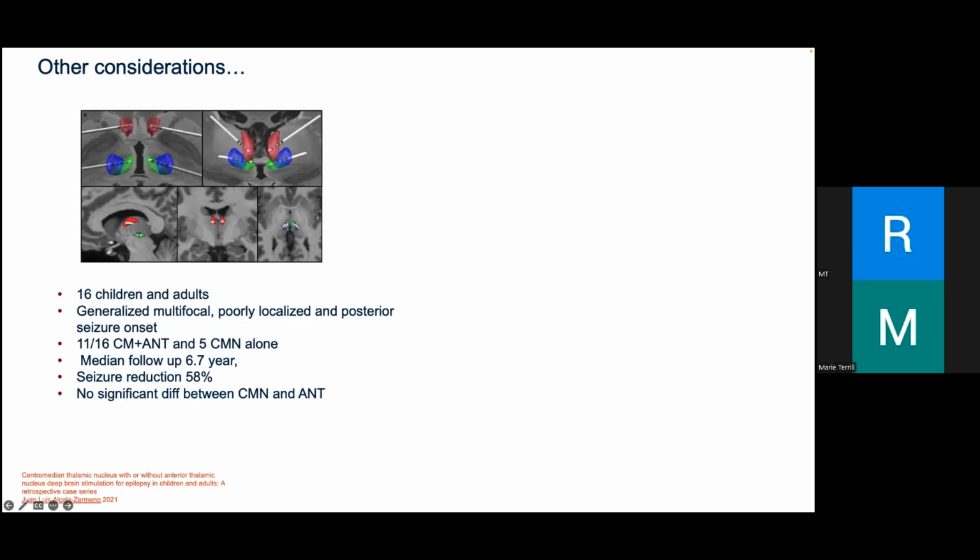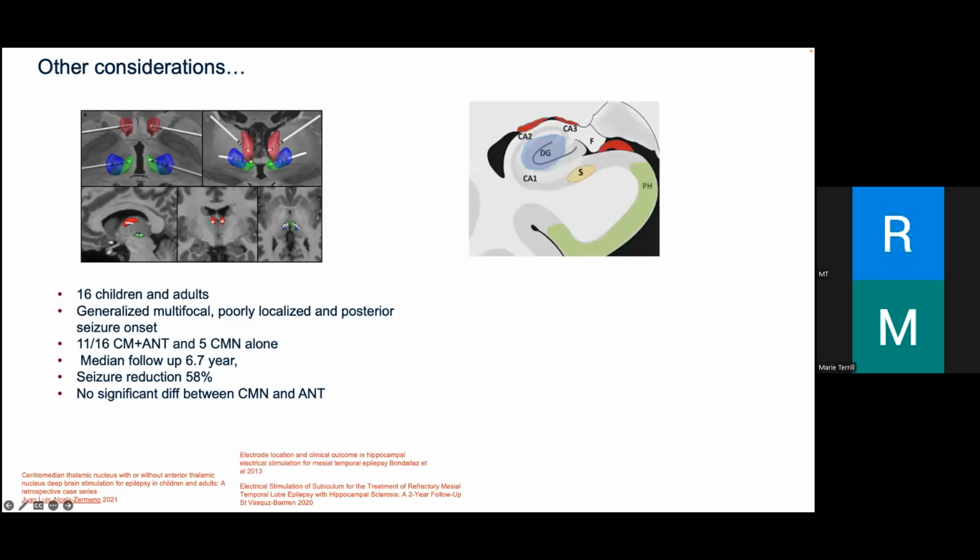There were device-related side effects in three of these patients, and 2 of them needed intervention. But overall, they suggested it was safe to target both these nuclei, resulting in the same seizure reduction in these patients.